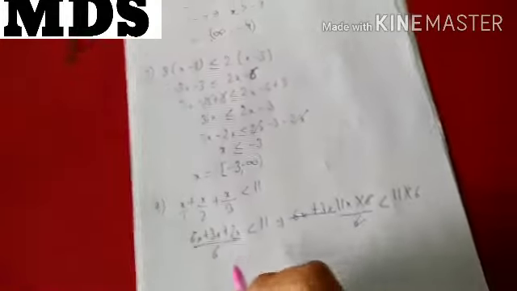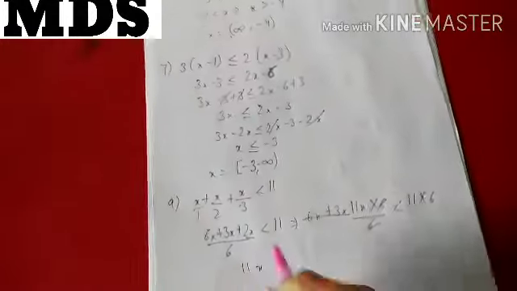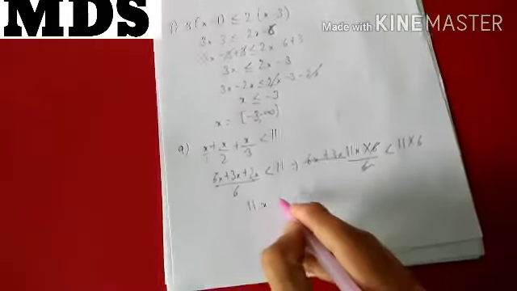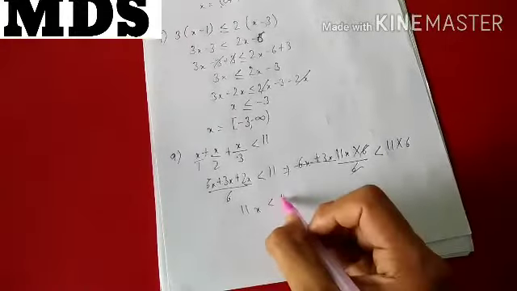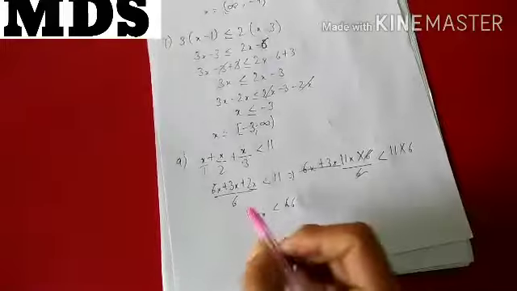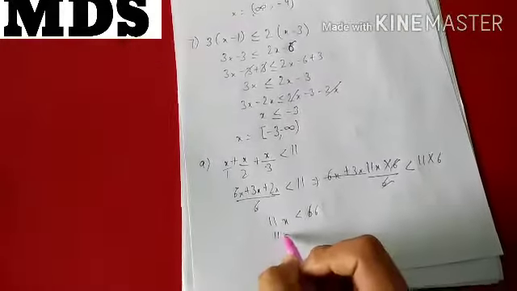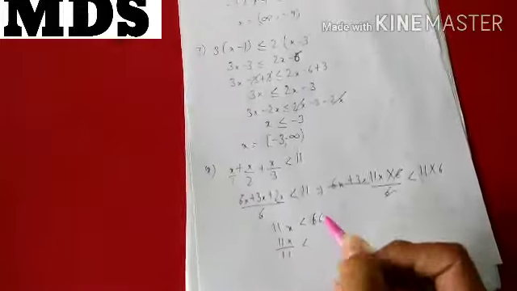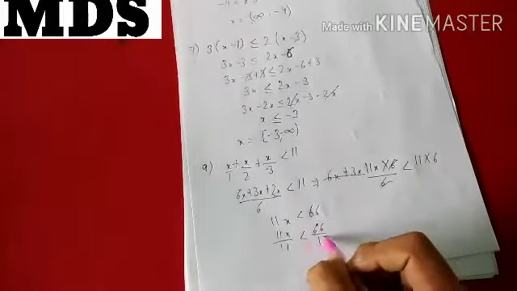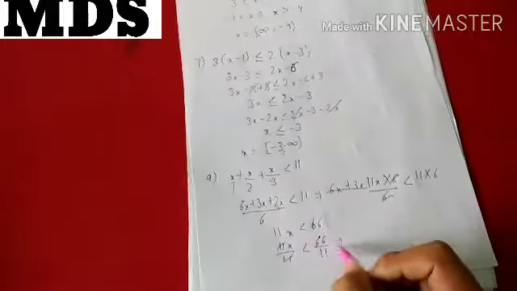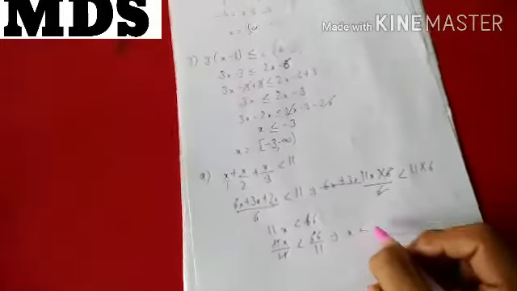So we are going to get 11x will be less than 66. We can divide by 11 now. So we will get 11x by 11 less than 66 by 11. So that means our value of x will be less than 6.